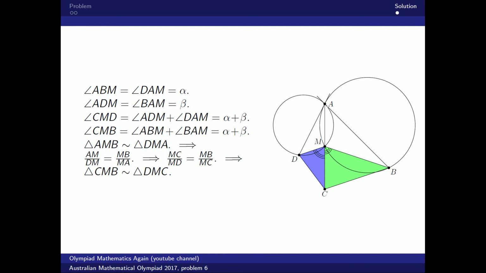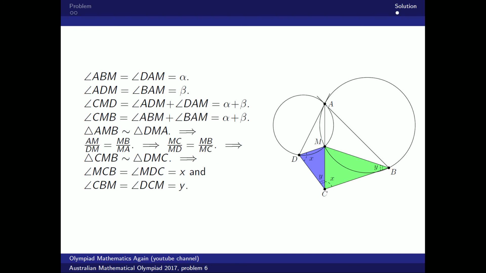So therefore these two triangles are similar to each other, by two sides and the angle between them. So from this we conclude that they have the other two angles that are equal. So the angle MCB is equal to MDC. We introduce this as x, and the angle CBM is equal to DCM is equal to y.